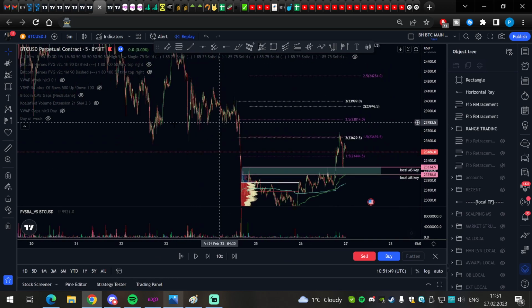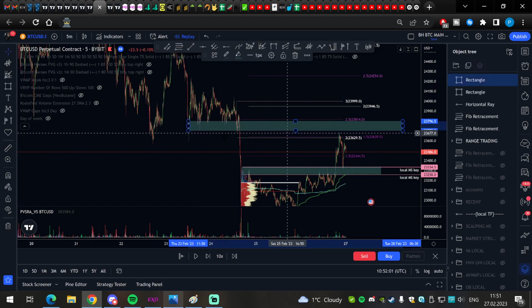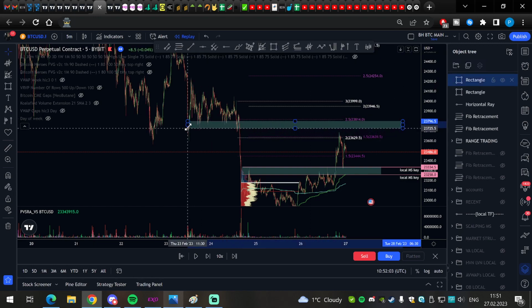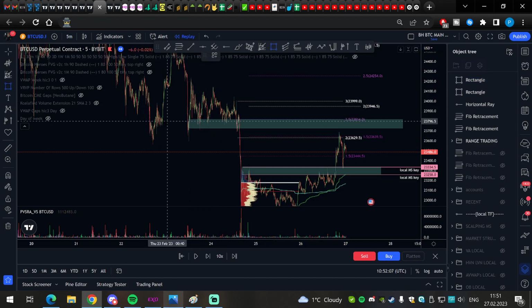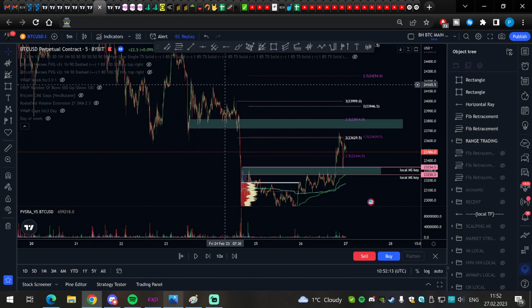We've revisited this. Let me check if I have it locally. I don't, but this was our previous range we left, and this is your market structure now. This is the one from the higher range, but you still have this one. You can even make it a bit larger from these two lows here.